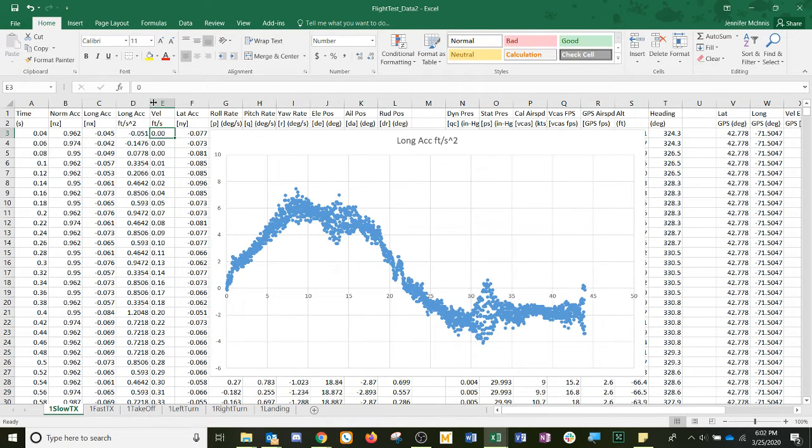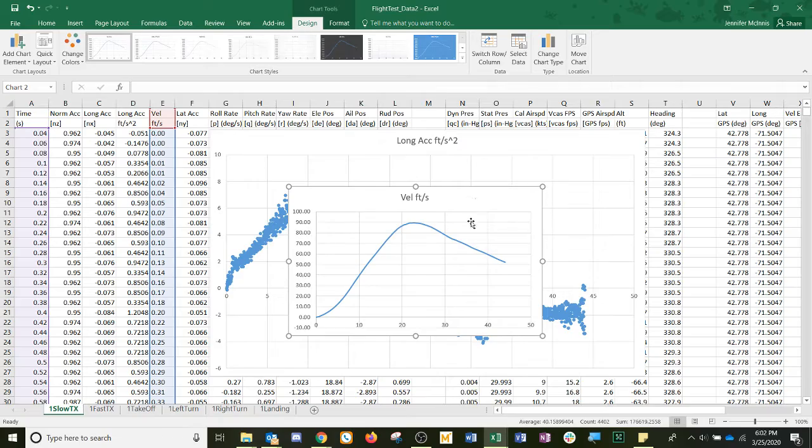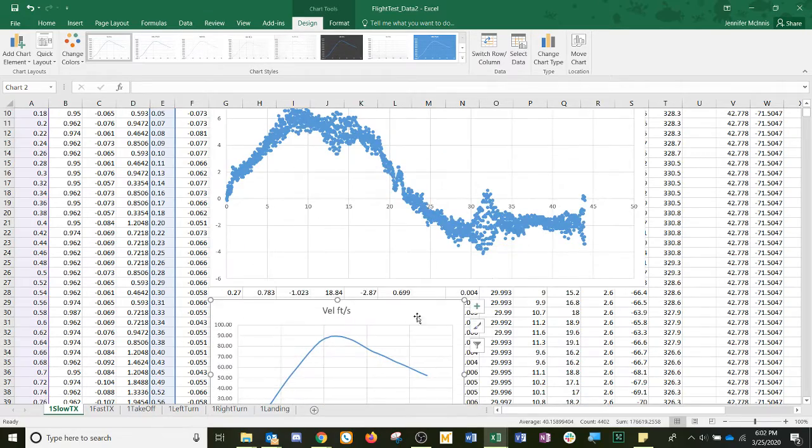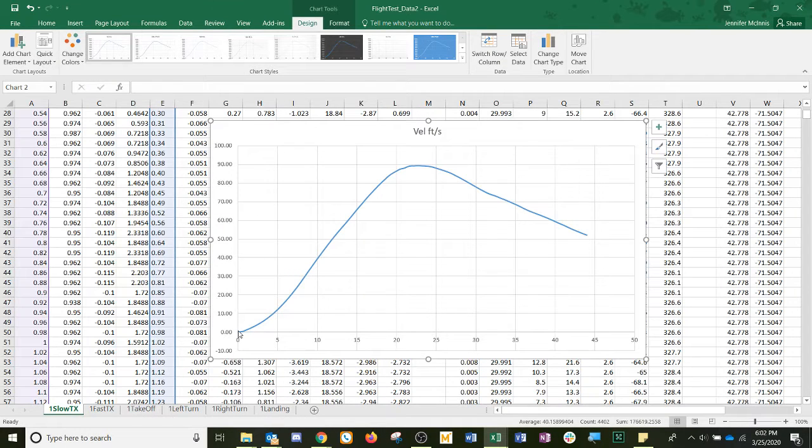And so I could graph my velocity in feet per second and see that according to this, I'm starting at 0, I'm maxing out at about 90 feet per second, and I'm slowing down only to about 60 feet per second.